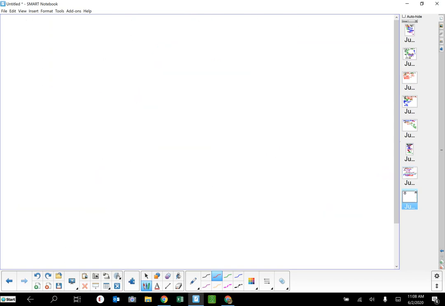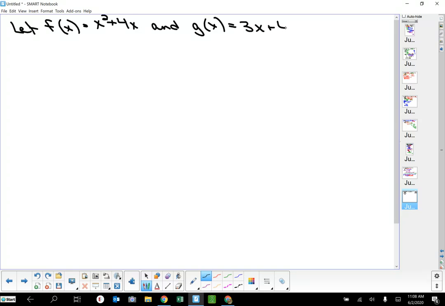All right, let's see a problem. This is going to look like this. Let f of x equal x squared plus 4x and g of x equals 3x plus 4. Find the following. A, f of g of x.